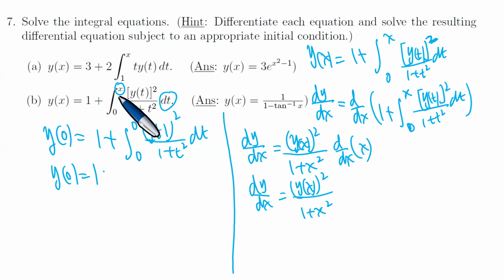But sometimes it's 2x, so you must substitute the x in the place of the t, and then you differentiate the top thing. You multiply by the derivative. I know the derivative is 1 here, but you must multiply by the derivative. Sometimes it's 2x and the derivative is 2.